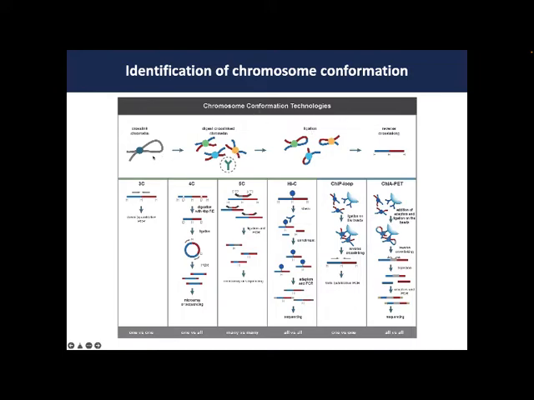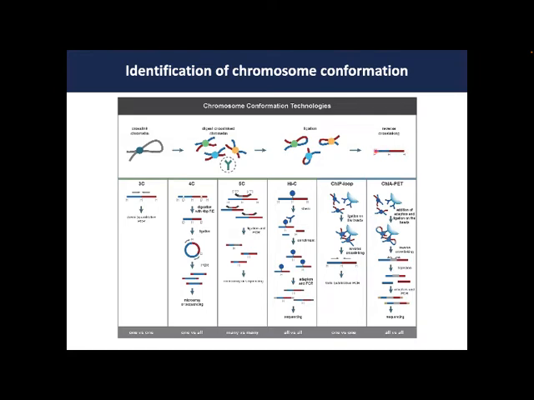Basically, those techniques cross-link the chromatin, digest the cross-linked chromatin into small fragments, then ligate them together and identify the circularly ligated regions as interacting regions. So these blue and red regions are closely located, and after ligation these closely located segments are combined and sequenced together as a linear sequence.